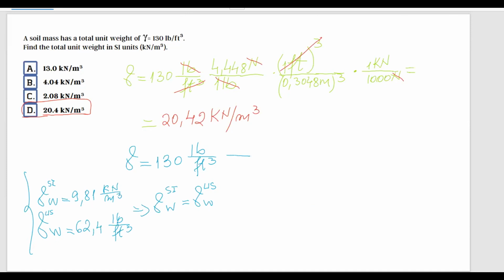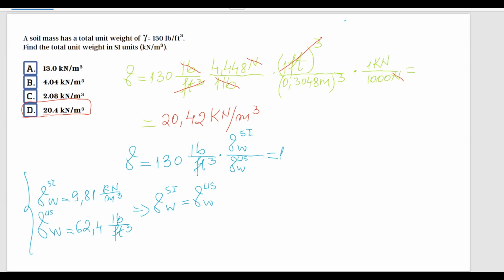So the way I'm going to do that, remember, if I multiply by a number and divide by the same number, I actually get the same value. So in this case, if I multiply by unit weight of water in SI units, this is what we're trying to get, and divide by the unit weight of water, US units, I'm going to get rid of these US units, and I'm going to get a value with metric units.